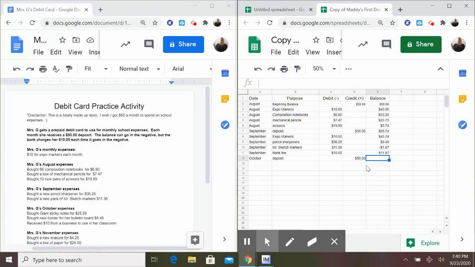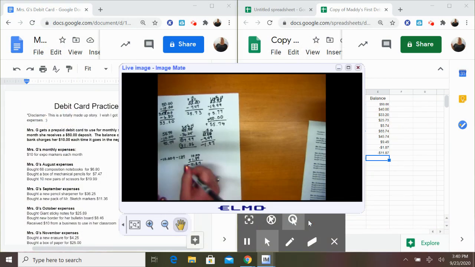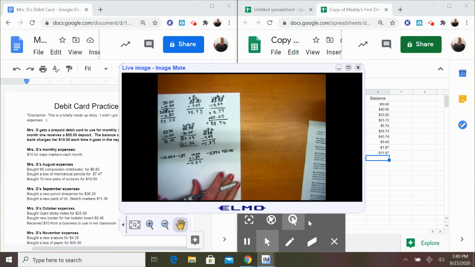Okay, so I got my deposit and I had negative 1187 and I'm adding positive 50. My signs are different, which means I'm going to subtract. So I'm going to write it up and down so I can see it better. $50 minus 1187. I'm going to have to come all the way over here.